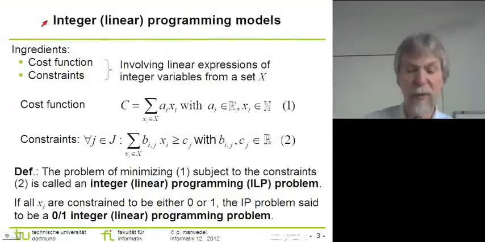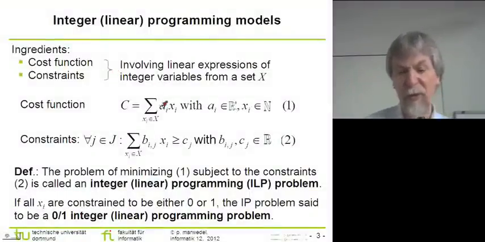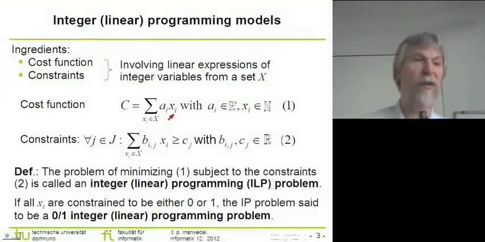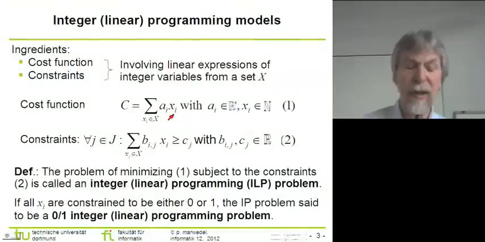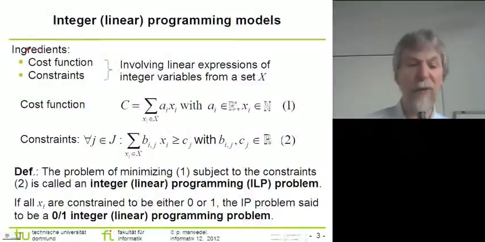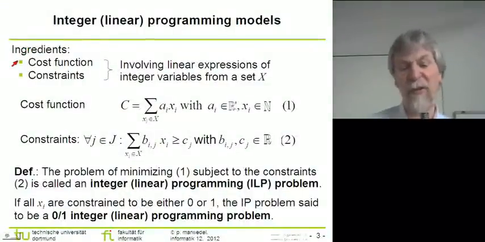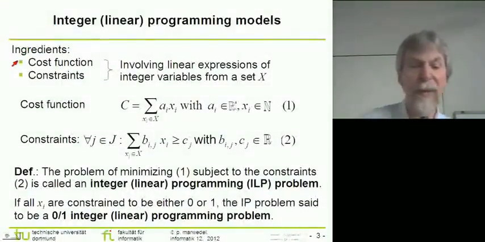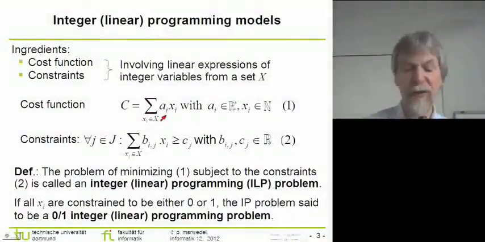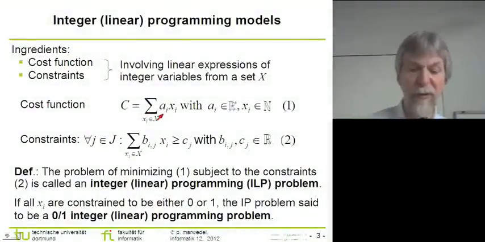Integer linear programming models are models in which we are using certain variables x from a certain domain of variables. And using these variables, we will have two kinds of ingredients in such a model. We have a cost function and we have constraints. The cost function is involving linear expressions of variables from this domain.